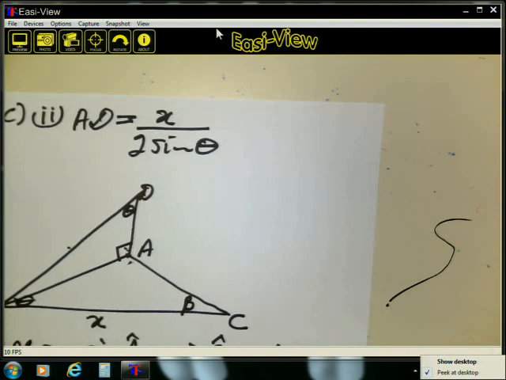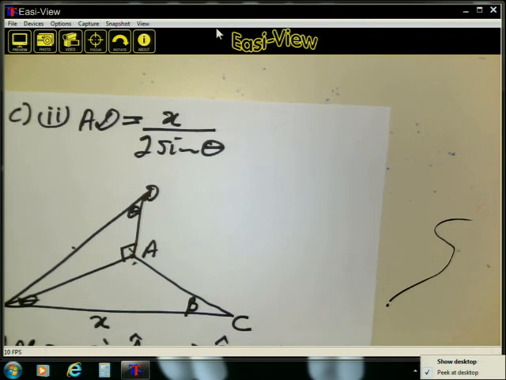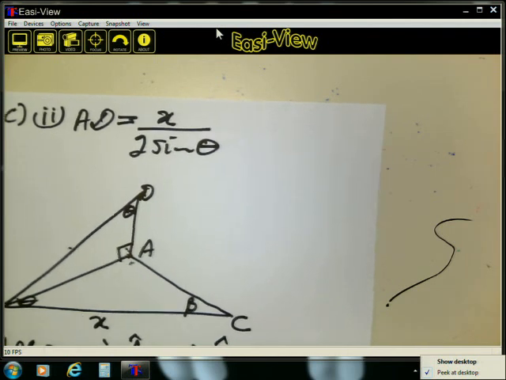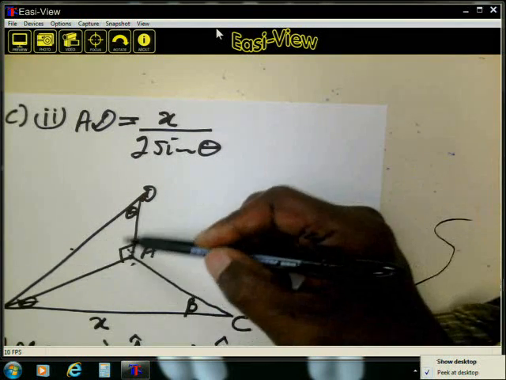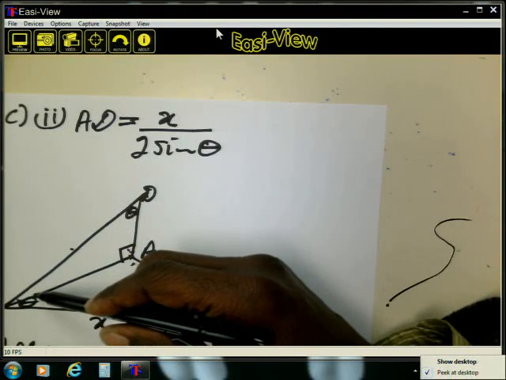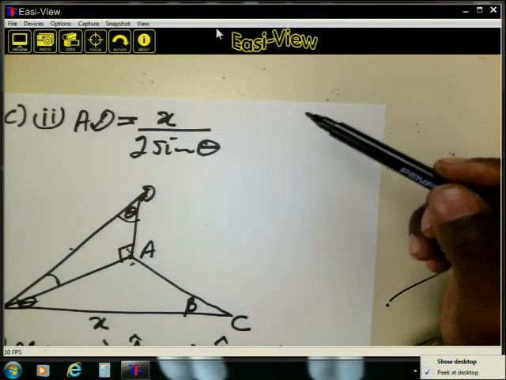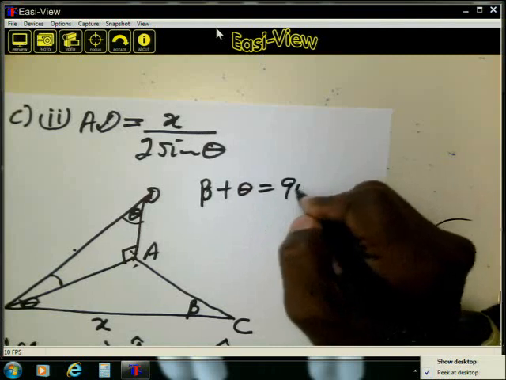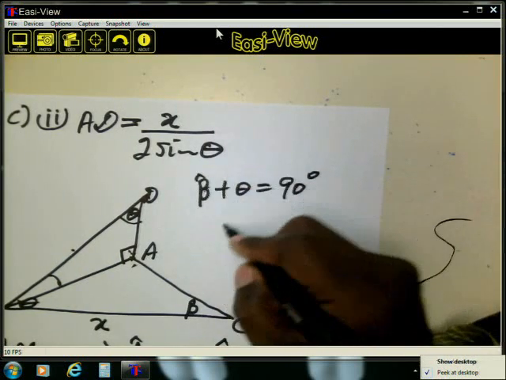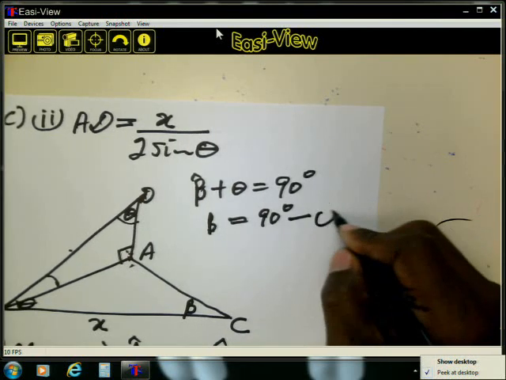Is equal to, why do we say sine B, 90 minus theta? That's because this is 90 and the sum of angles in a triangle is 180, so these two together must give you 90. B and theta must together give you 90 degrees, from which B will then be 90 minus theta.